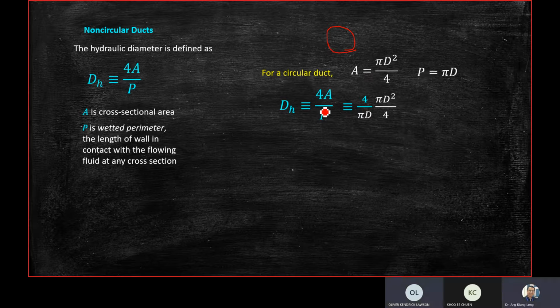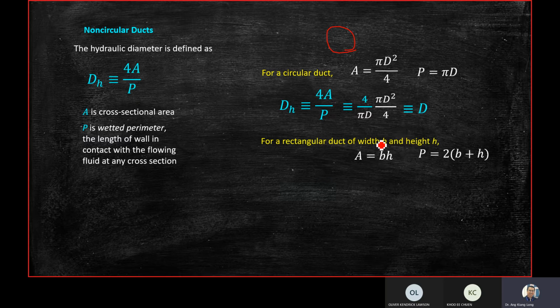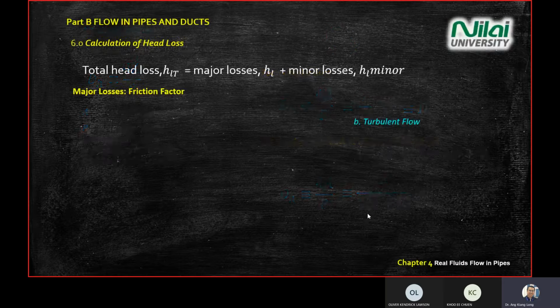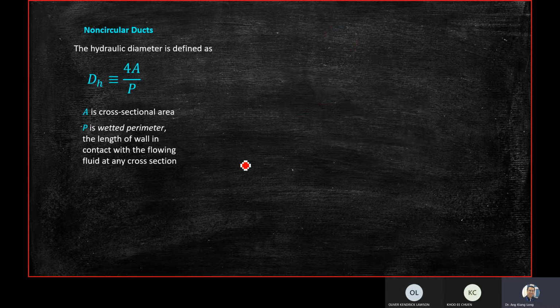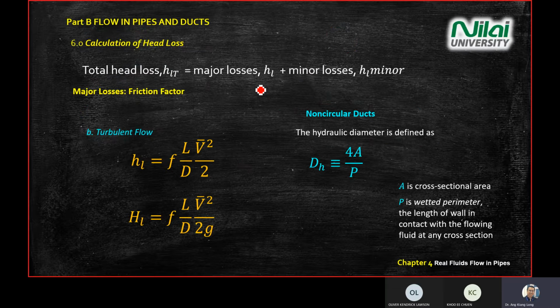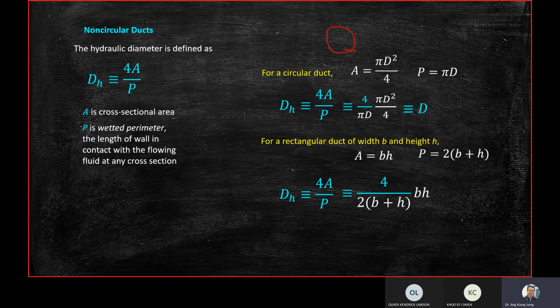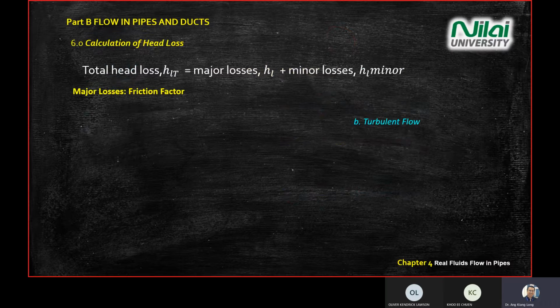Then you substitute inside 4A divided by P, and you arrive at D. You still get the diameter. For rectangular, I already explained how to get it, so I just replace with B and H. Then you use the answer to substitute in the laminar equation and turbulent equation just now. This is the major loss equation. One is laminar flow, one is turbulent flow. With that, I think we look at an example.